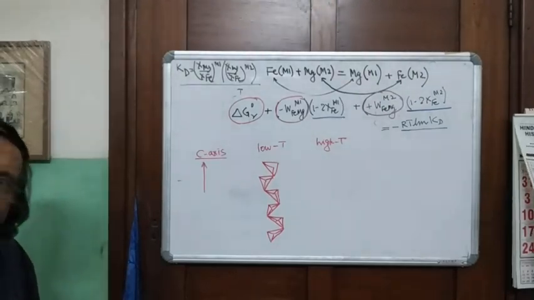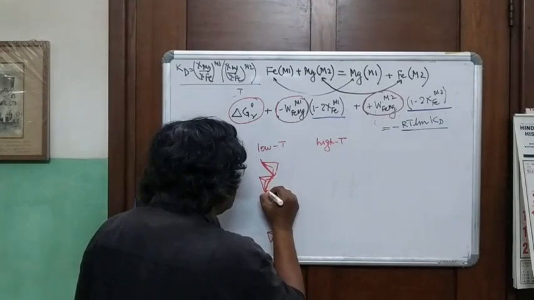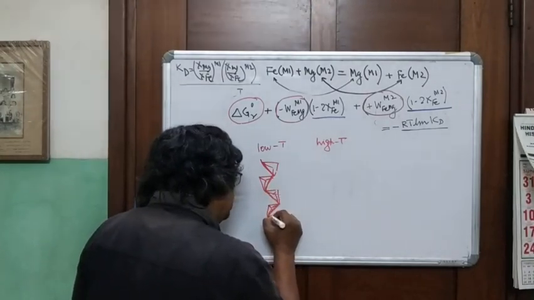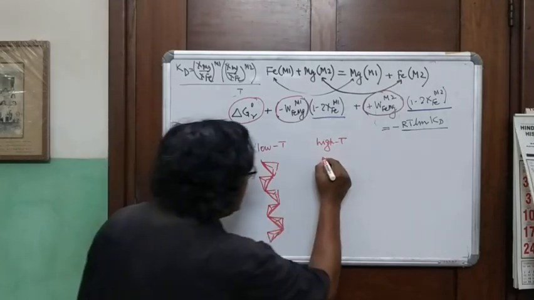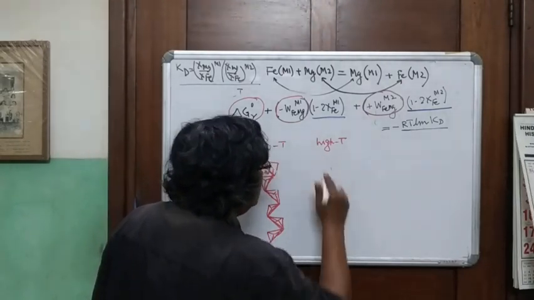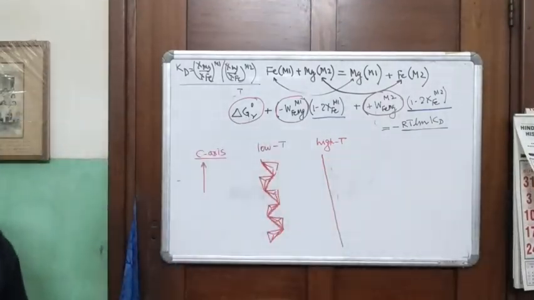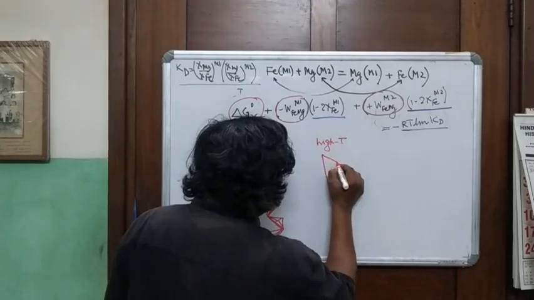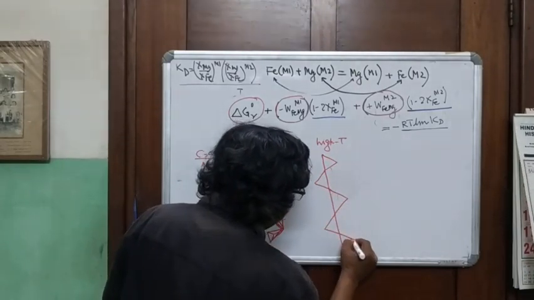At high temperature, what happens? This line, joining this base, becomes straight. So what happens is, you have this scenario.